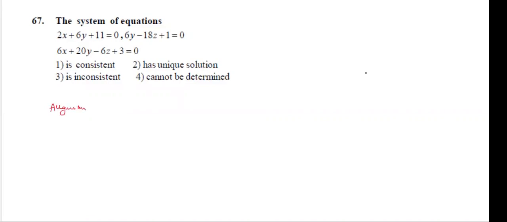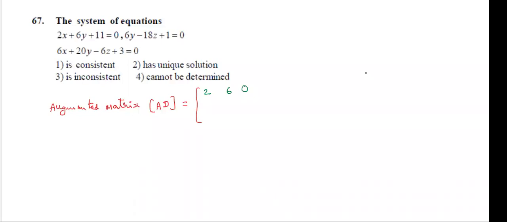Augmented matrix, that is AD. AD is equal to, first write the A matrix, that means the coefficient matrix. See the first equation: X coefficient is 2, Y coefficient is 6, Z coefficient is not there, that means we can write 0.